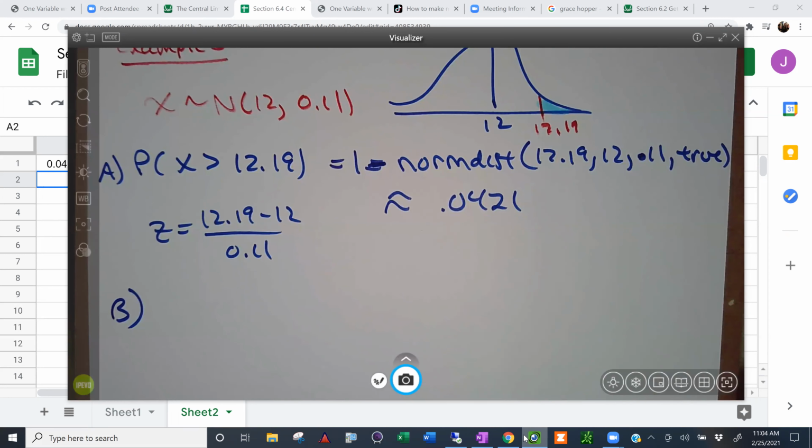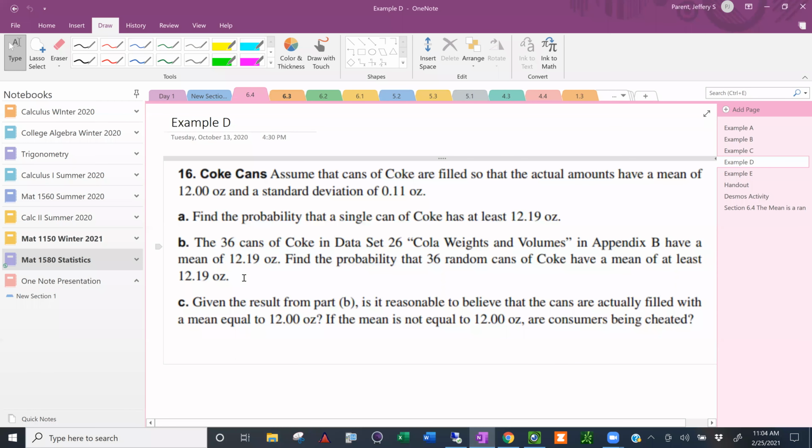Let's take a look at the second part of this. And the second part is really asking you, do you understand the central limit theorem? So in the second part, it says 36 cans of Coke in this data set have been selected. They have a mean weight.